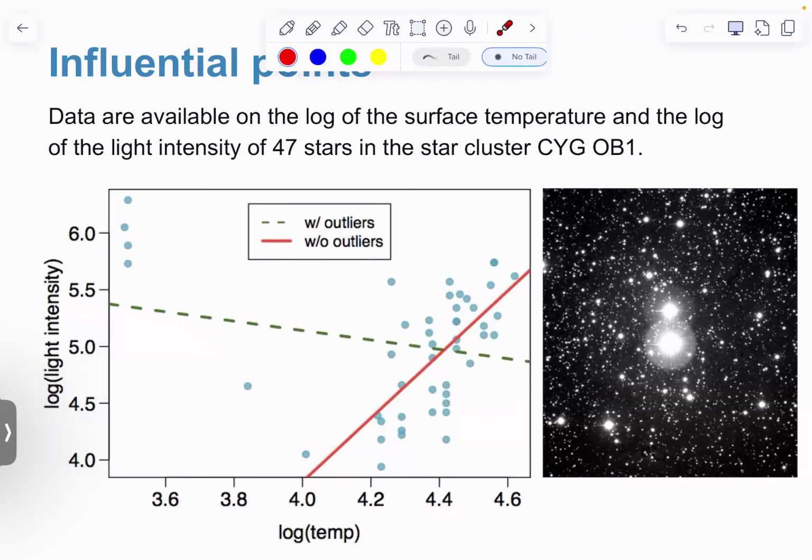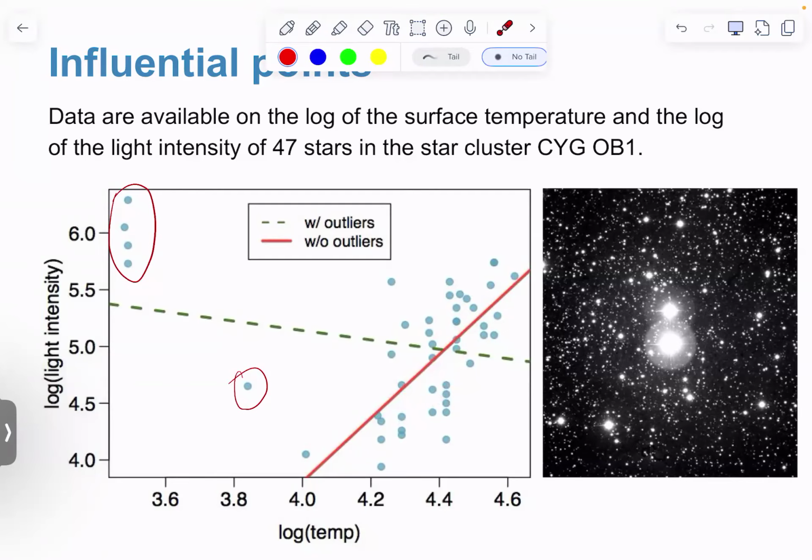But then we have these guys over here. Those are extreme, and I would say even this one might be a little bit weird. What we find is with the outliers, this line is just doing its best, trying to capture these guys and this lump of data here.